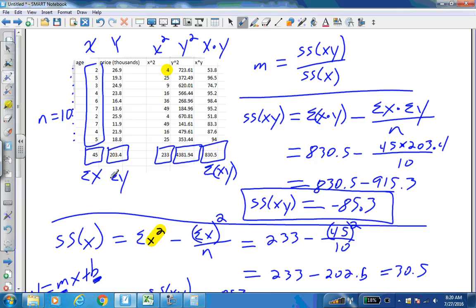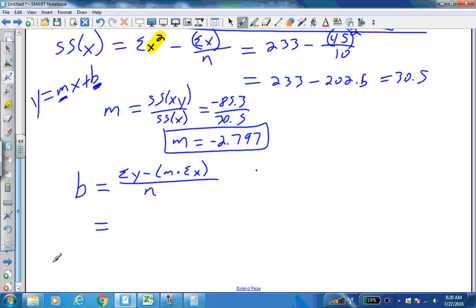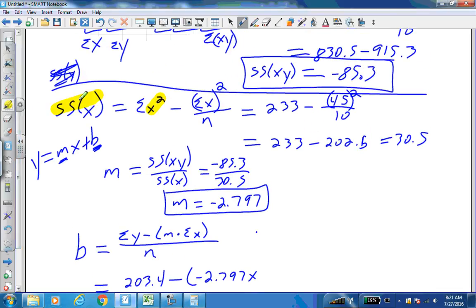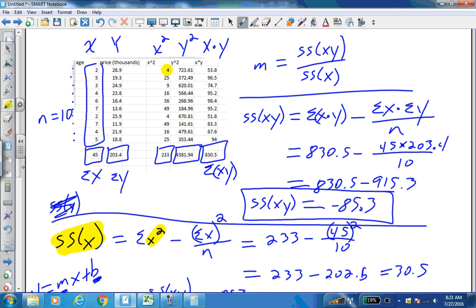When we just add up our y values, not to be confused with the sum of the squares of y, we get 202.3 minus our slope, negative 2.797, times the sum of the x's. This means just add up the x values, not the sum of the squares of x's. When we add our x's, we get 45.